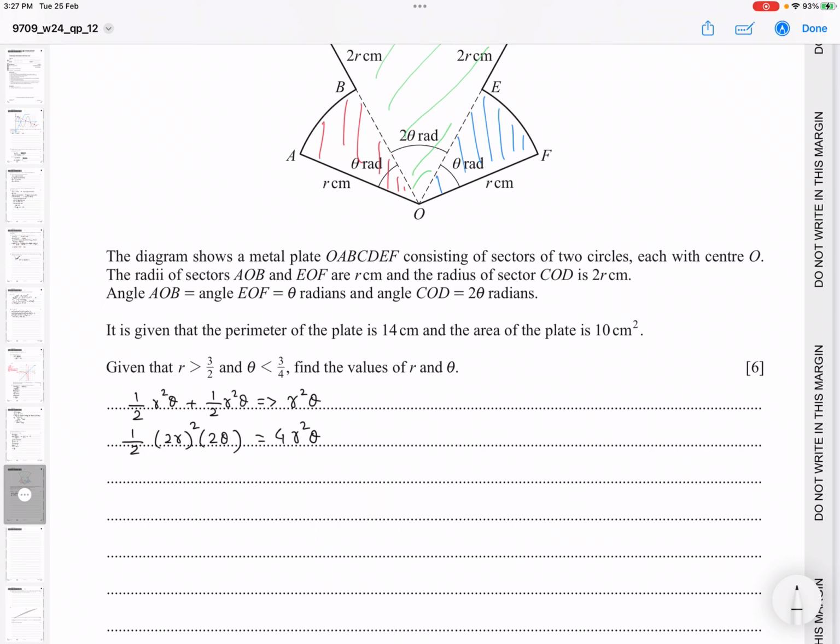Add them, 4r square theta plus r square theta. This is totally actually 5r square theta.